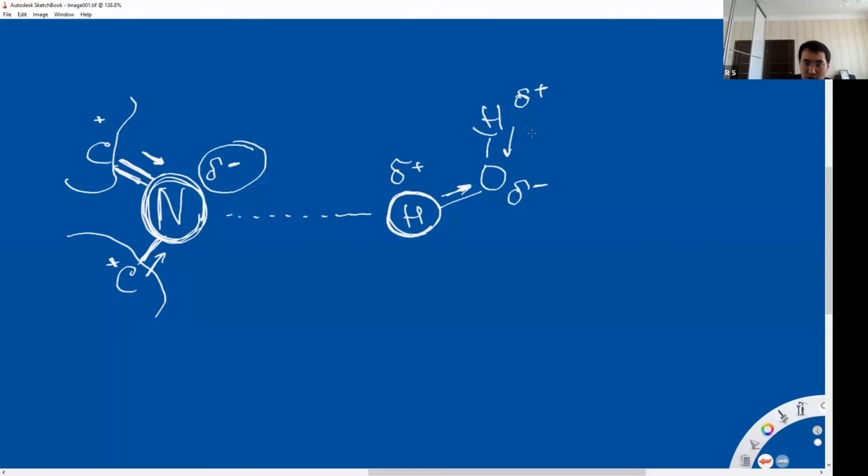So if you take water, in this case we have two regions of plus sign or slightly positive charge, and one region of slightly negative. That's why this nitrogen, it has a slightly negative region and it can attract the slightly positive. Is it clear?